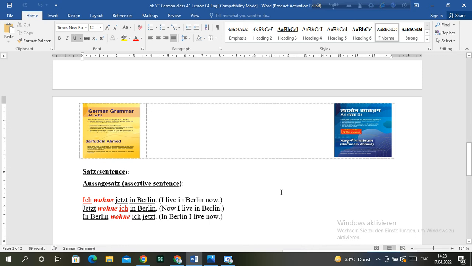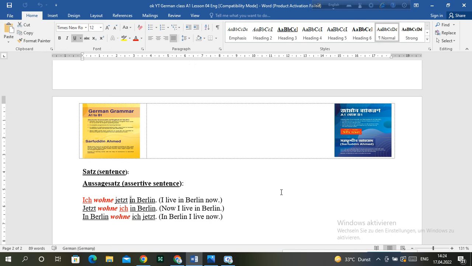We can also notice here that a part of a sentence is always an answer to a WH question. As for example, this part ich is an answer to the question wer, who. Next, this part jetzt is an answer to the question wann, when.